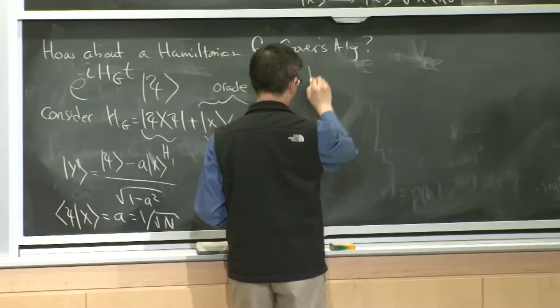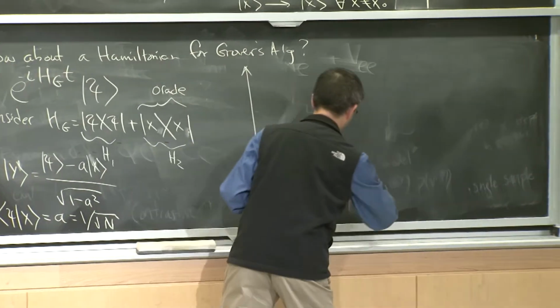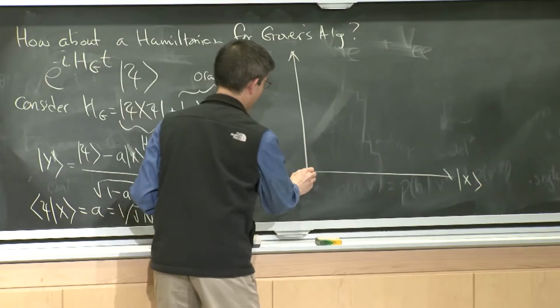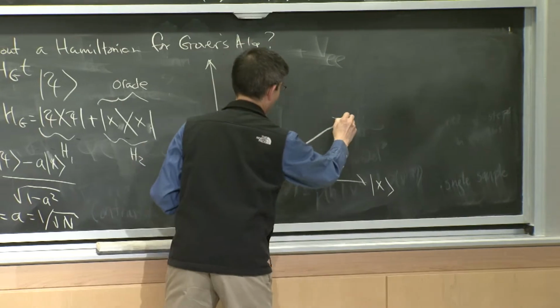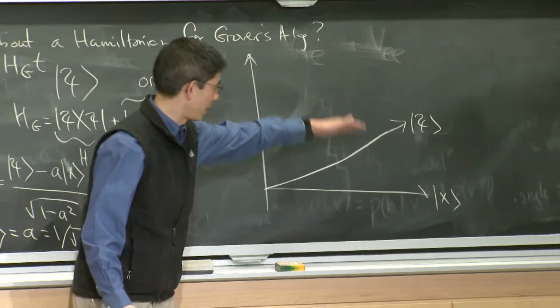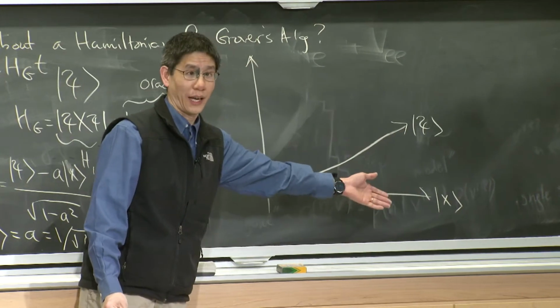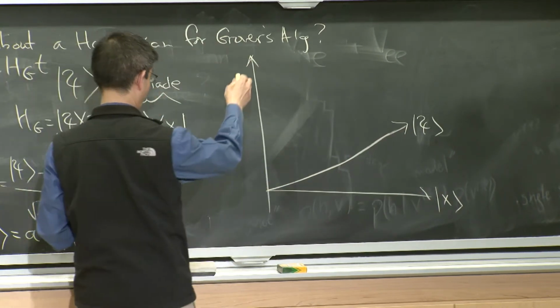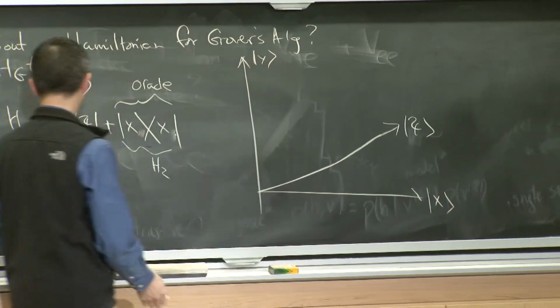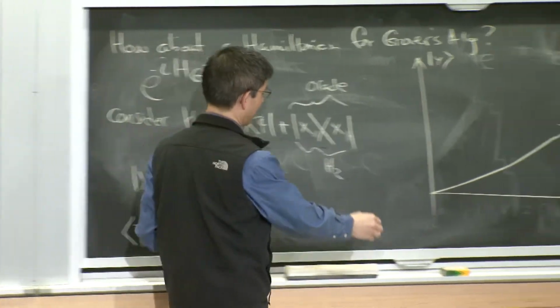Remember this geometric picture that we had for Grover's algorithm? We have some initial state, psi, which has an unknown overlap with x. That overlap is A. We don't know where it is. And then we have an orthogonal state. This is the state y I've defined over here.